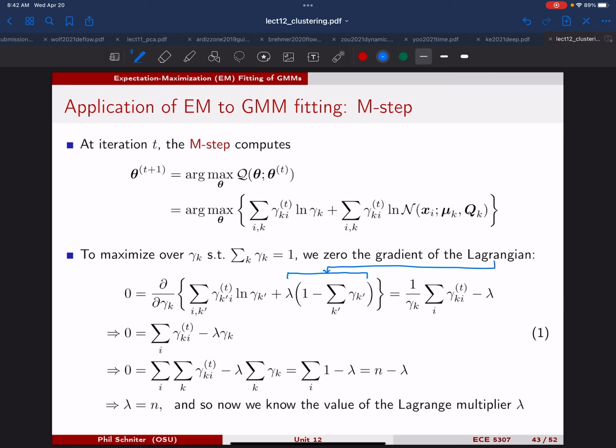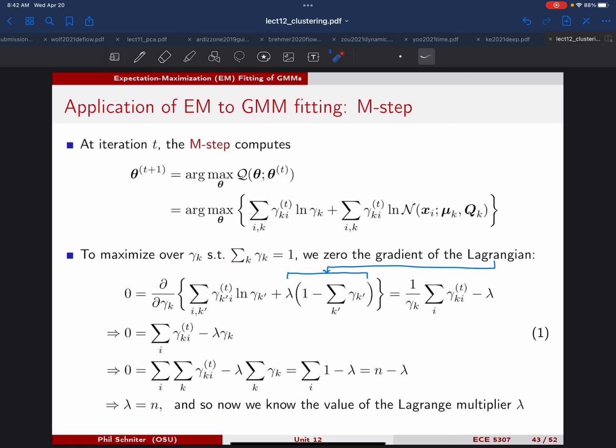So again, our task right now is optimizing gamma k. There is no gamma k over here, so forget about this. So we just need to maximize this over gamma k. But the gamma k's need to sum to 1.